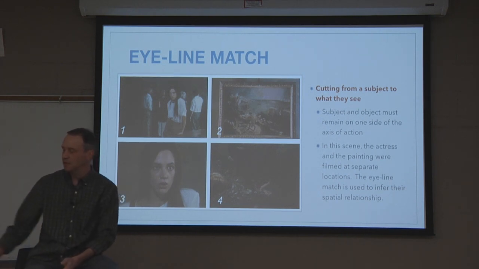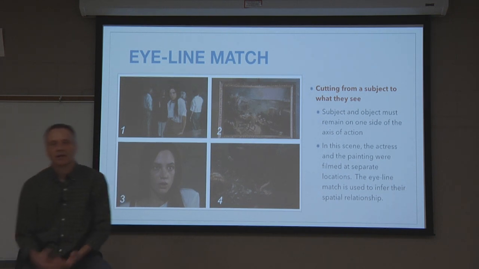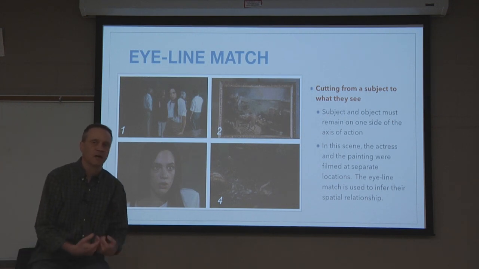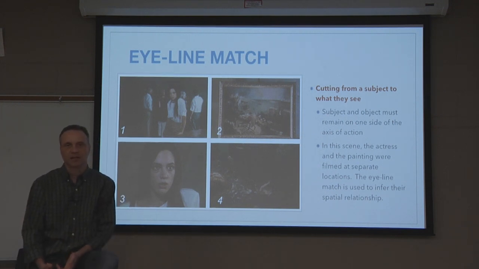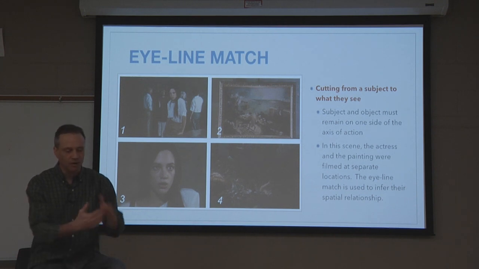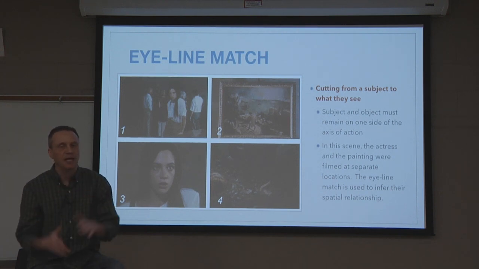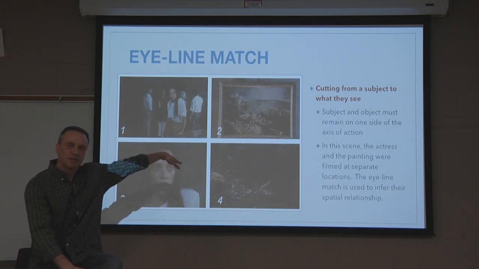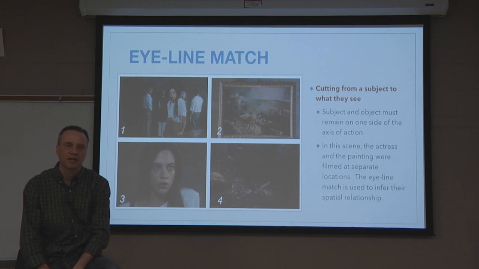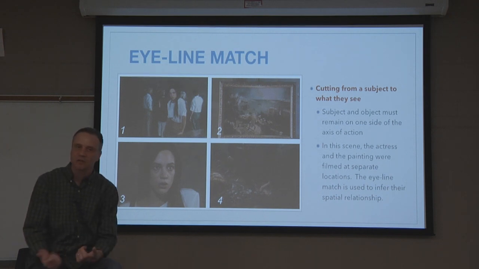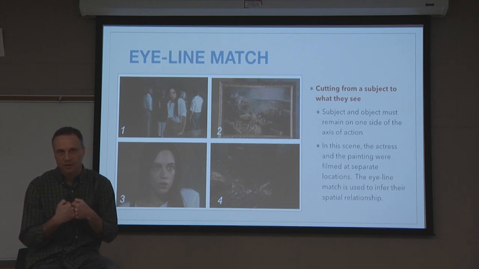So what we have to do is kind of draw an imaginary line between her and this painting. So when we shoot her, let's say we're on kind of the downside of her. We need to make sure that we're on the downside of that painting when we shoot that cutaway at the museum. And then when we cut those things together, it should match, and it should look like those two things were in the same location.